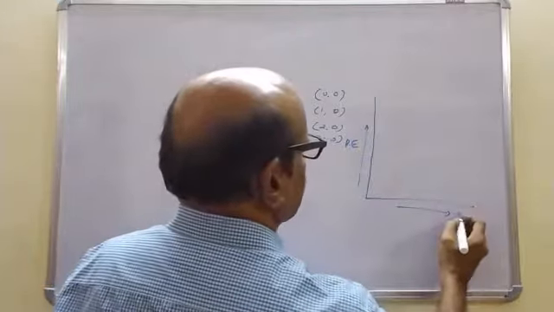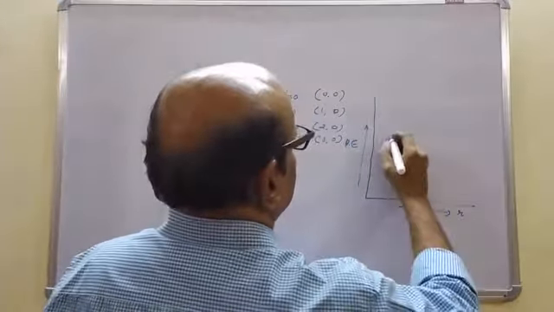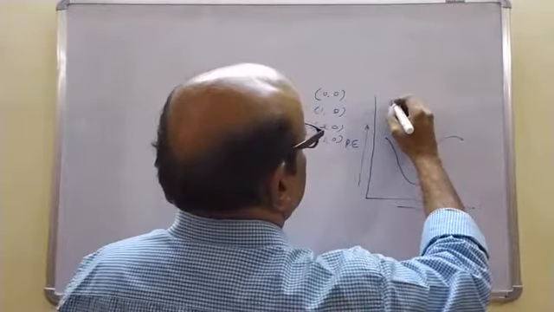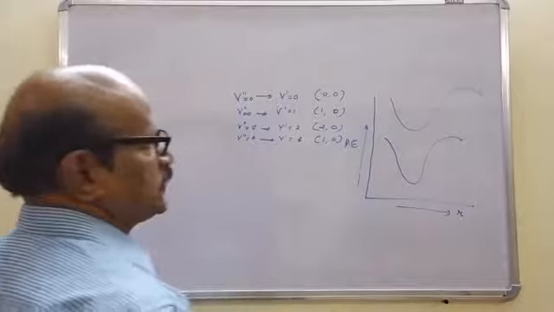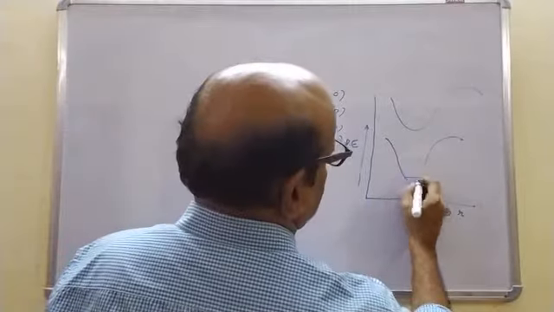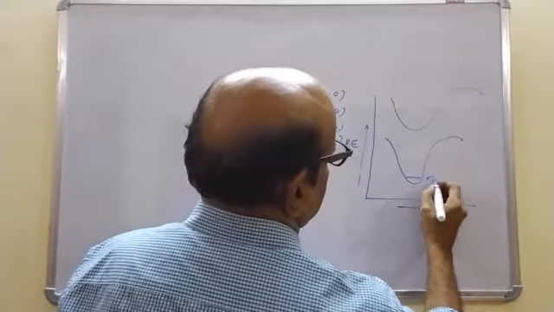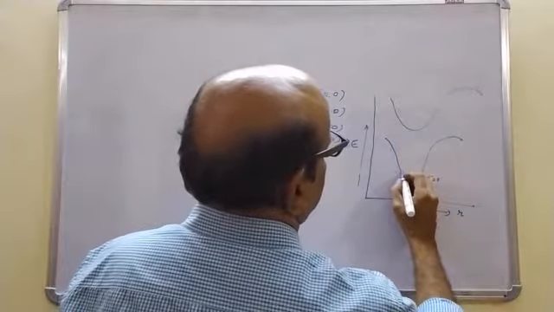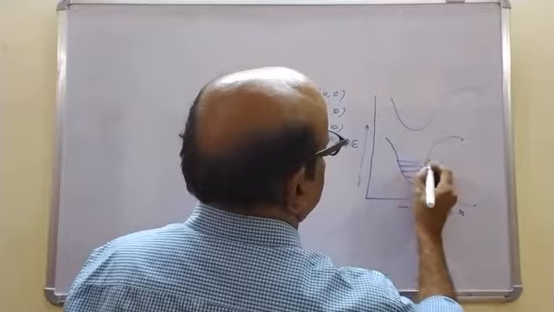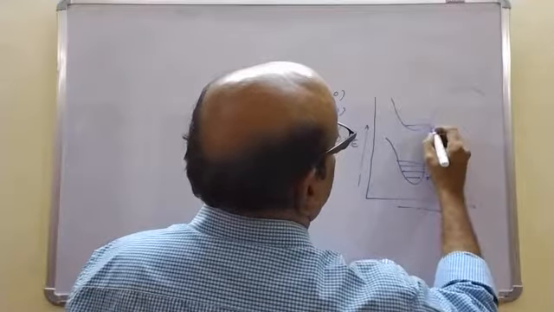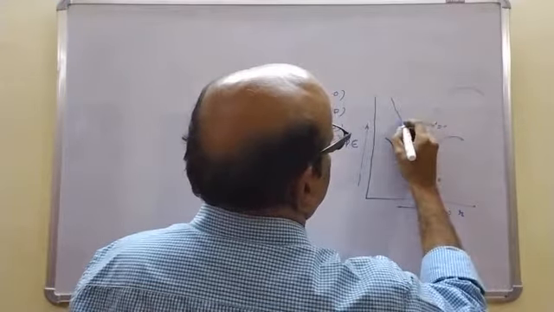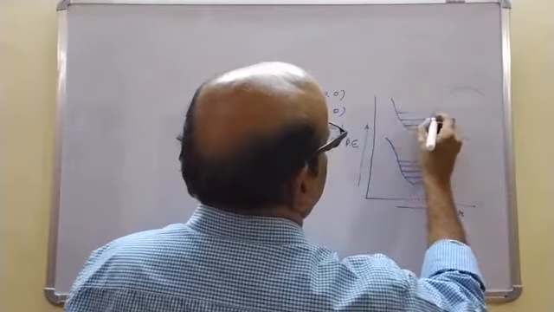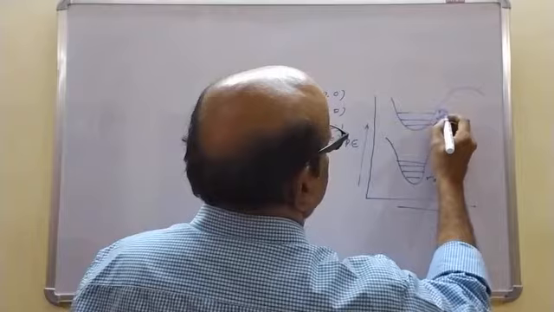This is our Morse curve. This is the ground state, and this is the excited state. So the transition is from nu double dash equal to 0, to nu dash equal to 0, 1, 2, 3.